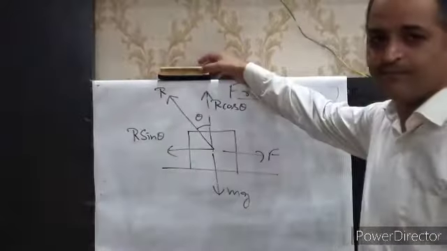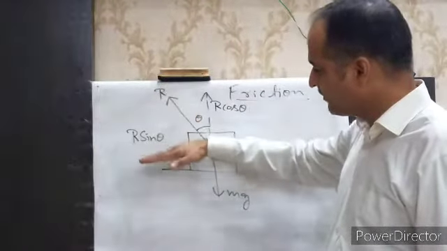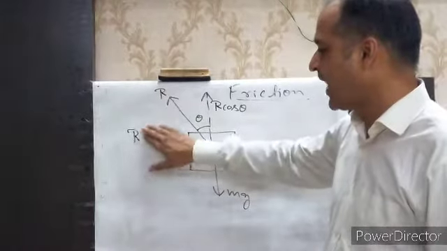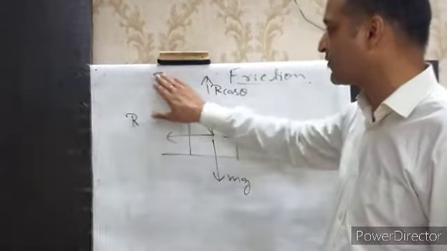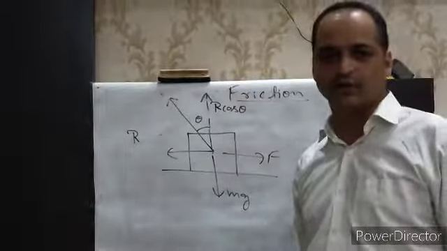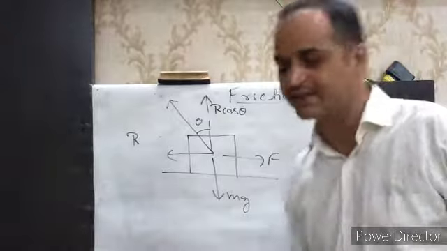Suppose I am applying the maximum force, then R will become like this. Then theta will become 90, and sin 90 is 1. Now R in this direction is the maximum force, and R cos theta will become 0, because cos 90 is 0.